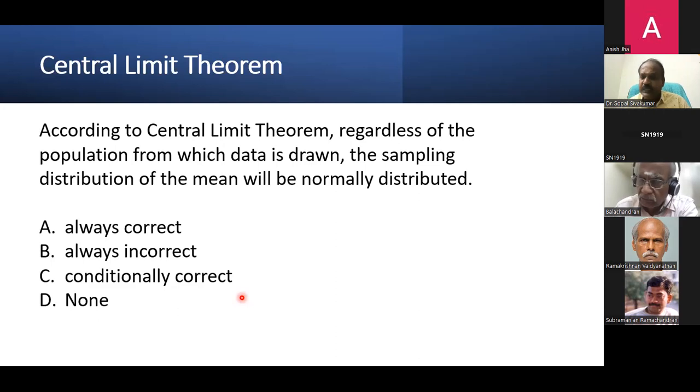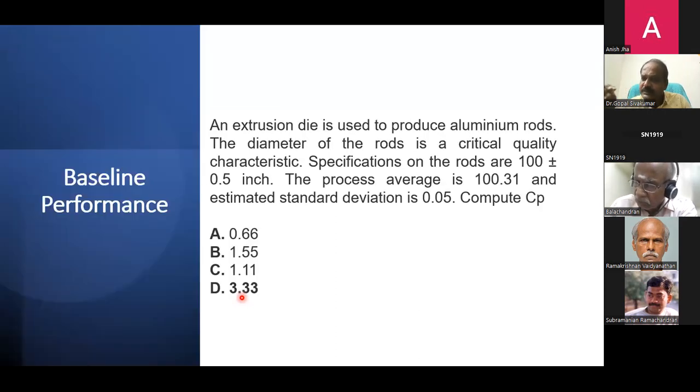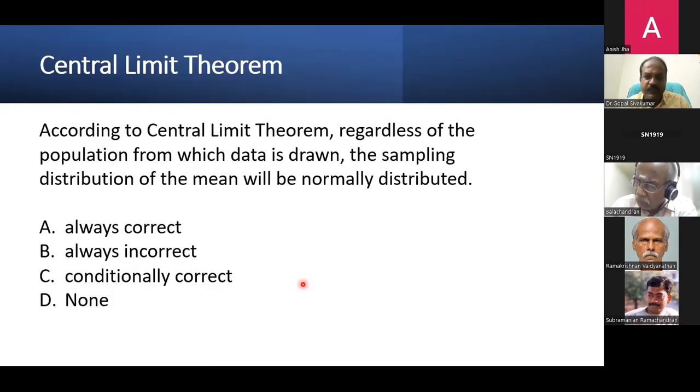Central limit theorem is telling you the mean will always get normally distributed. And the only requirement is that the sample size or the subgroup size should be adequate. Right. Now read the question and try to give the answer.